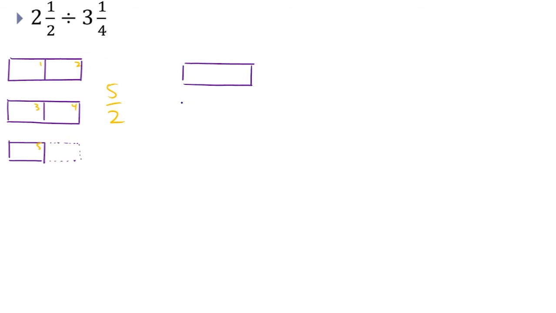So I'm going to draw out our 3 wholes. And let's split these into quarters as well. So first into halves and then into quarters. And let's draw the quarter that is also part of this question.